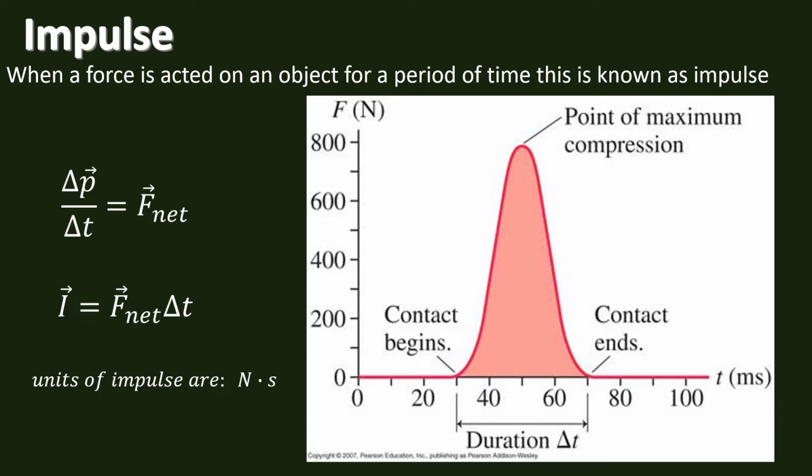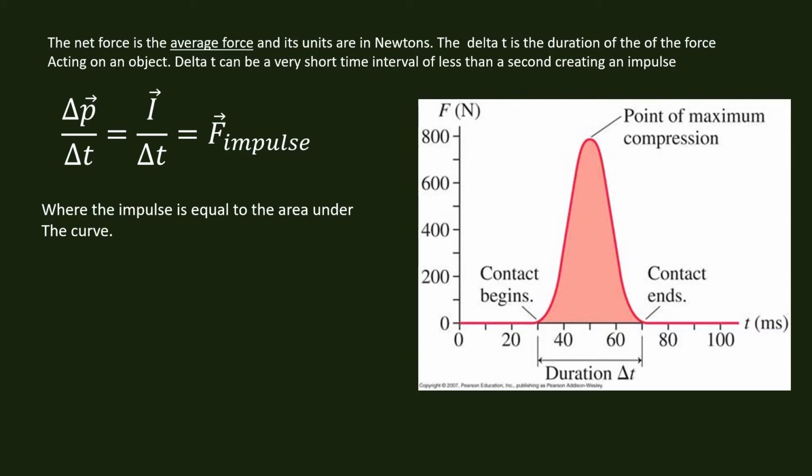This could be you throw a ball on the ground, it compresses, and it does so for a certain amount of time. Contact begins, contact ends. This is in milliseconds, by the way. So basically, without using calculus, we can only find the average force that happens in that time frame.